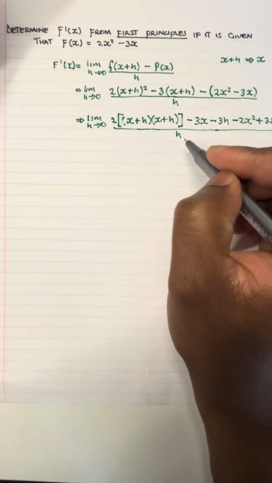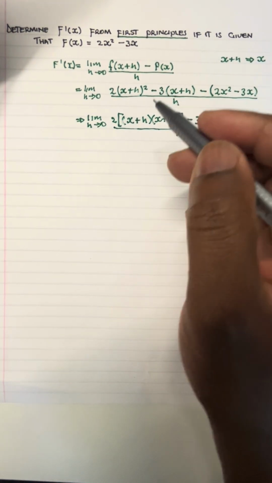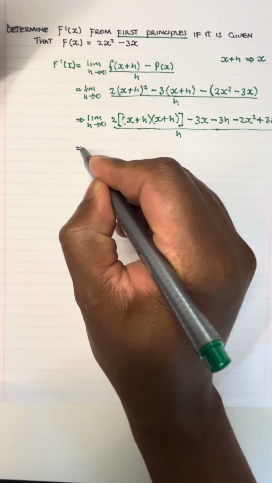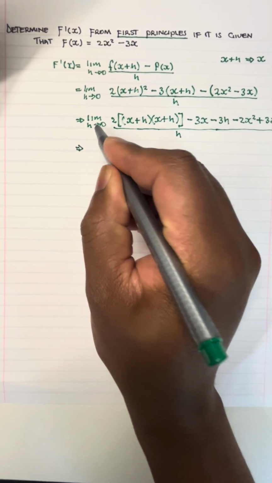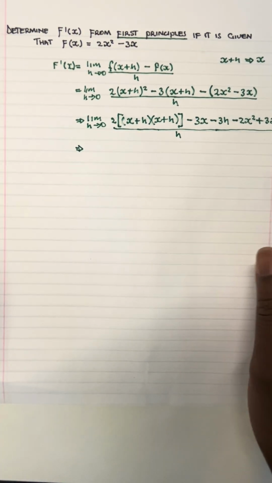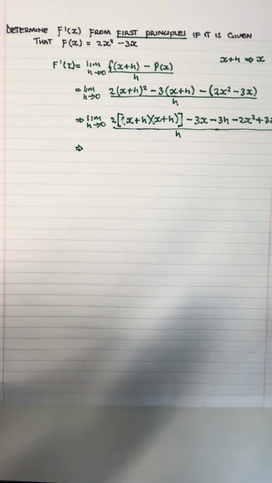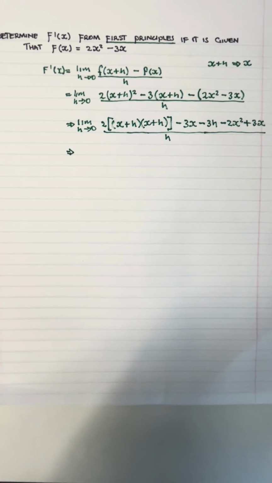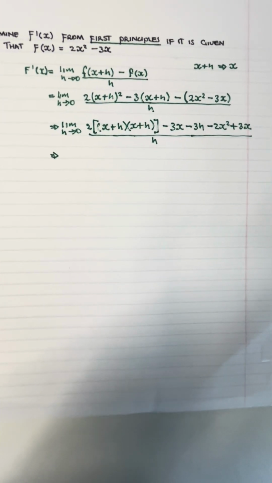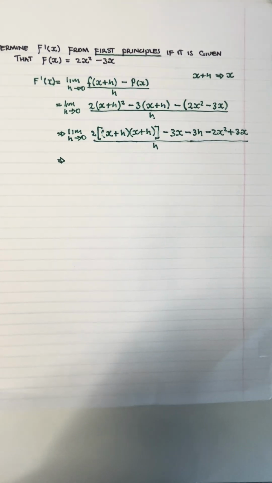Do not forget that h over here, because eventually when we take the limit, it should get rid of that h. Let me get back on screen so that you will see what I'm doing.